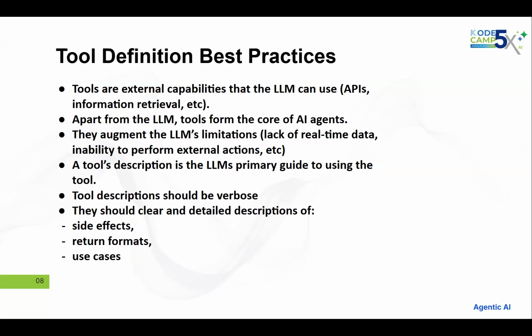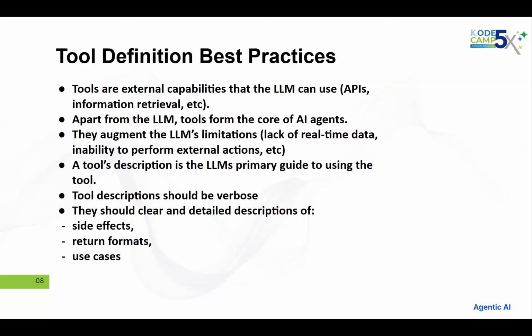Your description should be clear and detailed, and it should include side effects of the tool. It should cover the return formats of that tool. It should cover the use cases of that tool as much as possible. Of course, it's context dependent, but the more detailed you are, the more reliably the LLM can use that tool.